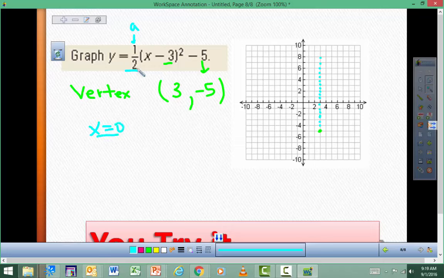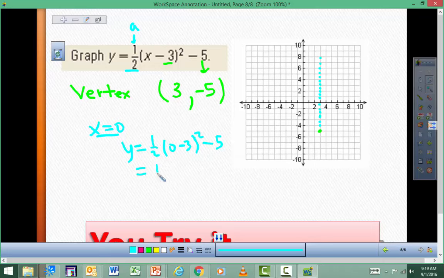Okay, so if I choose x equal to 0, then I get y is equal to 1/2 times 0 minus 3 squared minus 5. Now, this might lead to an ugly fraction, but you can do fractions in your calculator, right? Hopefully that doesn't cause too much of a problem.